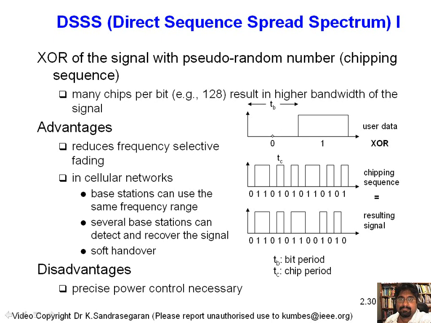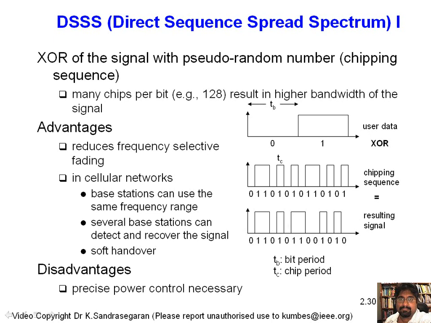Remember, in digital electronics you have the AND operation, OR operation, XOR operation. What they have done is taken this user data and XORed it with the chipping sequence to obtain the output. So for example, a 1 and a 0 will produce a 1, and a 1 and a 1 will produce a 0. Okay, so that's the XOR operation that is used for producing the output.